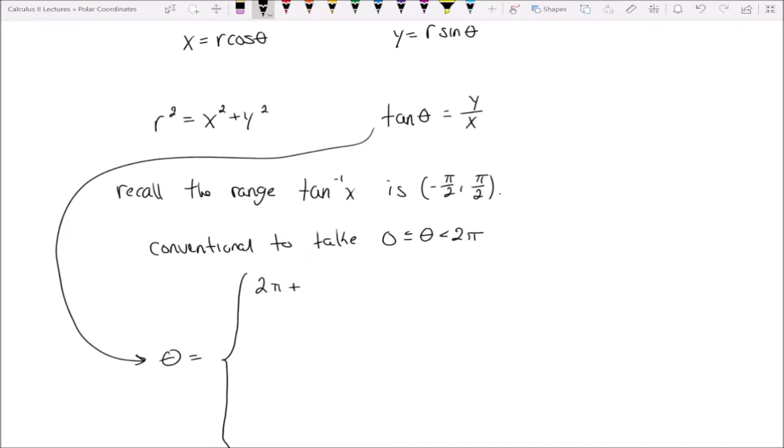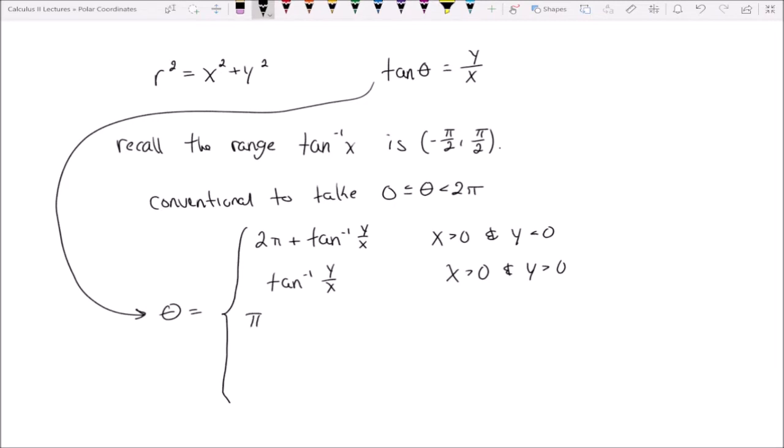We can have 2 pi plus the inverse tangent of y over x if x is larger than 0 and y is less than 0, in other words, if our point lies in the fourth quadrant. It'll simply be the inverse tangent of y over x if x is greater than 0 and y is greater than 0, in other words, if we're in the first quadrant.